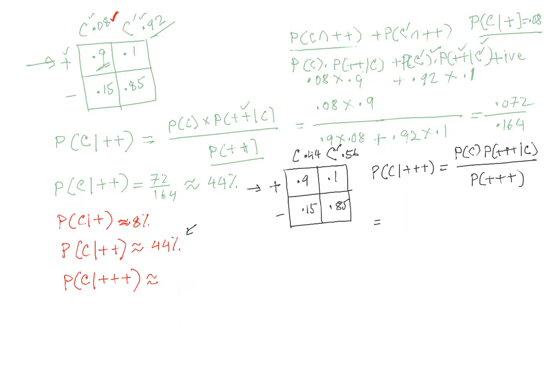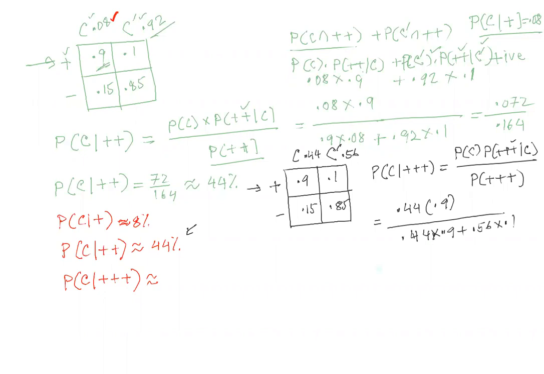And the straightforward thing, the top probability of having cancer is 0.44 times the probability of testing positive when has cancer, 0.9. And in the bottom, probability of testing positive and having cancer, plus probability of testing positive and not having cancer, which is going to be easy, 0.44 times 0.9 plus 0.56 times 0.1.